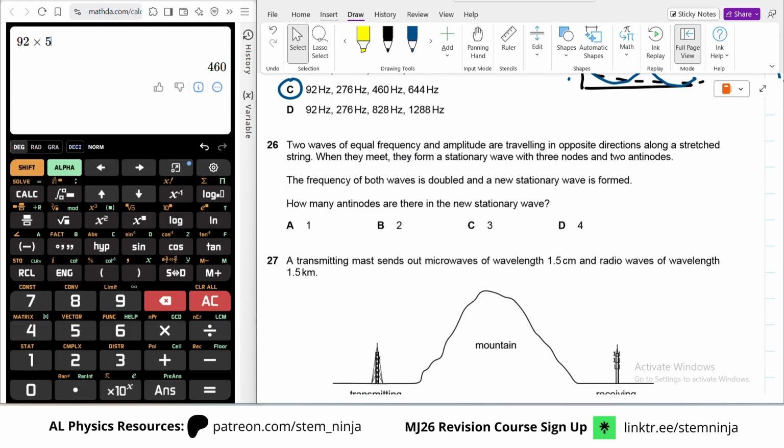So first off, how you can actually do that. In the first case, you have 3 nodes, 2 antinodes. So basically sort of like this.